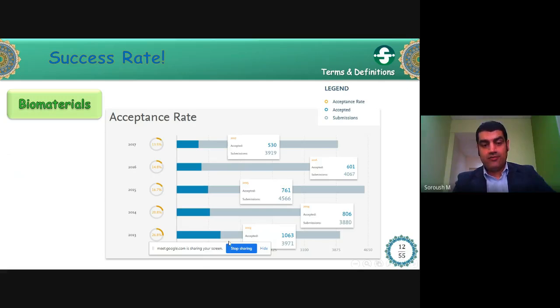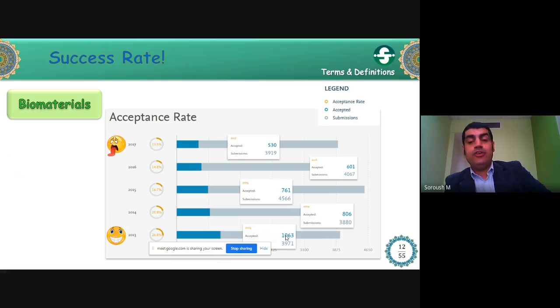Starting from 2013 for Biomaterials, which is a very high-ranked journal in the field, we can see that the number of papers they published decreased from approximately 1,000 in 2013 to 530 just in 2017, after 4 years. It means that the journals are trying to publish less and less and increase the quality of their works.